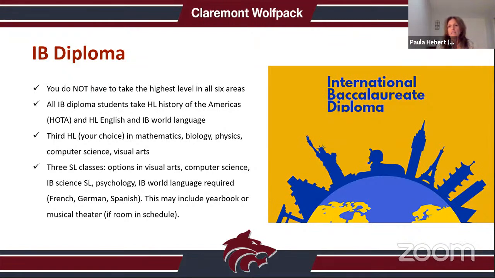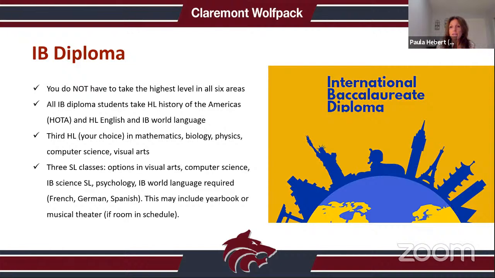They will automatically take IB English HL and IB History of the Americas HL. Students have to choose the 3rd HL, and the 3rd HL can be in coursework such as mathematics, biology, physics, computer science, and visual arts. Students also have to choose 3 SL classes.